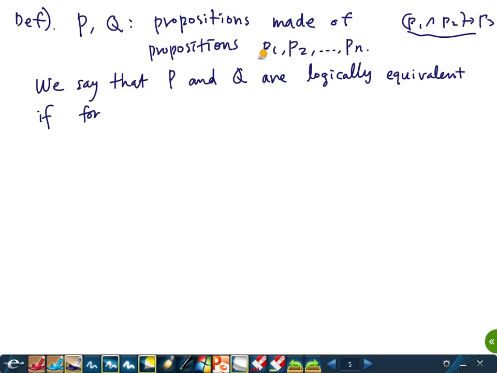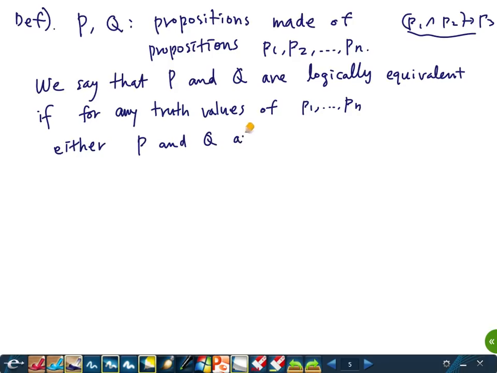For any truth values of P1 to Pn, we have either P and Q are both true or both false.